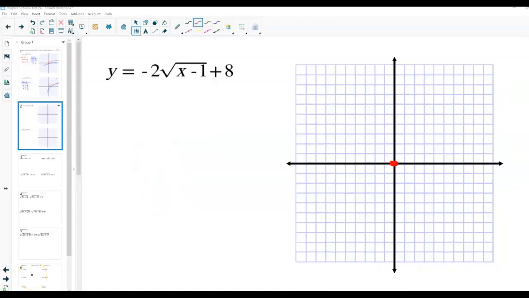I'm going to draw the parent graph, (0, 0), (1, 1), (4, 2), and (9, 3). And now if I do a shift, each of these Y terms, we multiply the Y coordinate by the A term exactly.